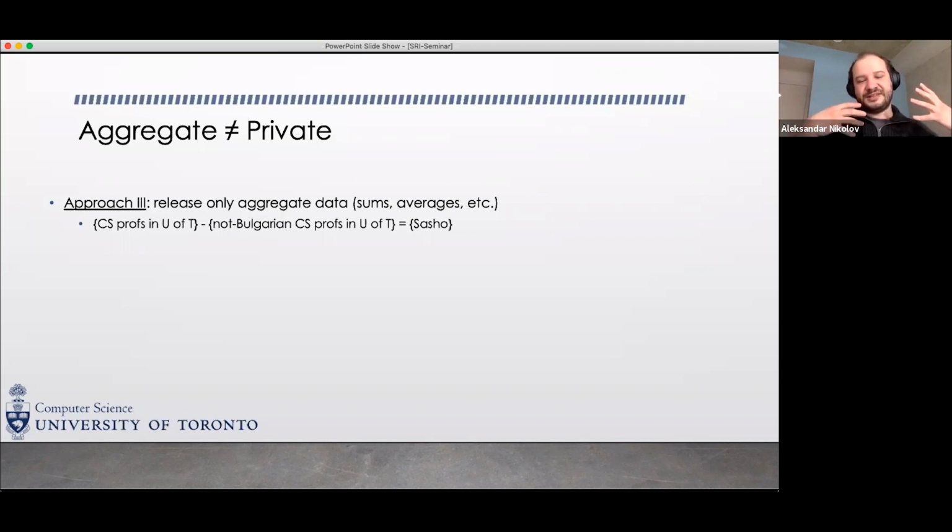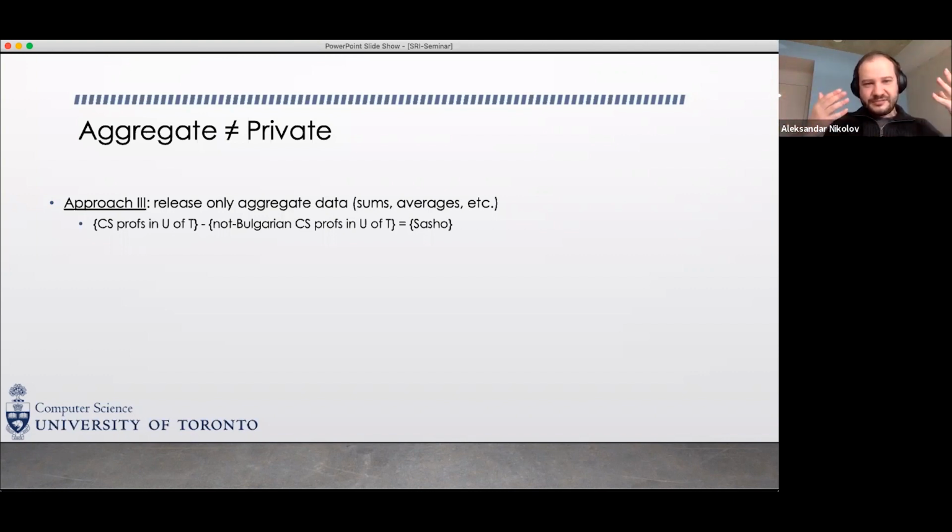So let me give a simple example, and then I'll talk about more sophisticated examples. Let's say I ask how many computer science professors in the University of Toronto like to sing in the shower. And let's say I ask how many computer science professors in the University of Toronto who are not born in Bulgaria like to sing in the shower. And I get these two numbers. I subtract the second number from the first number.